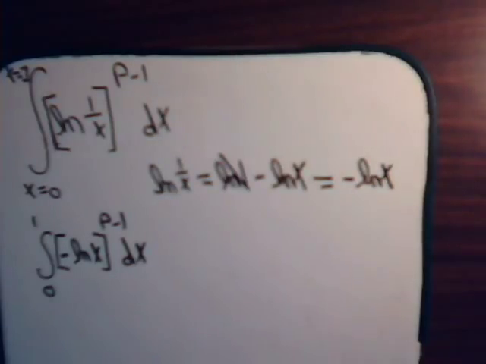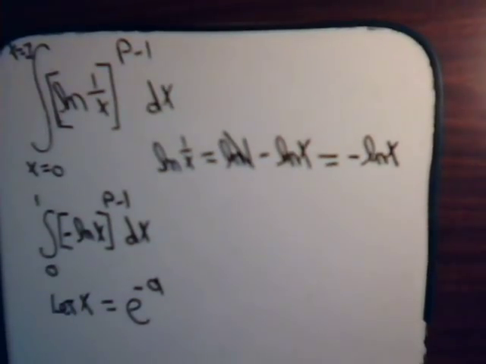And then we try our substitution, saying x is going to have to be e to the some power, obviously, so we say let x equal e to the minus a, so that when we take the natural log on both sides, we get minus a over here, or a equals minus the natural log of x.